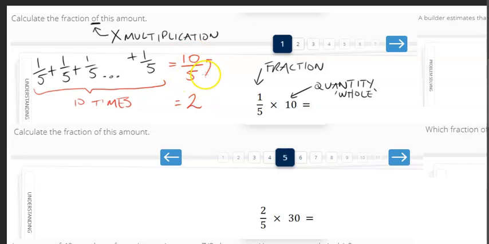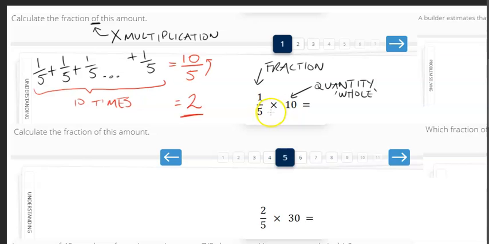Remember, improper fraction just means that the top number is greater than the bottom number. The numerator is greater than the denominator. If this is the case, we can write this in mixed numeral form, but we don't have to because we know 5 goes into 10 exactly twice. There's no remainder. So this is saying that 1/5 times 10 is 2.